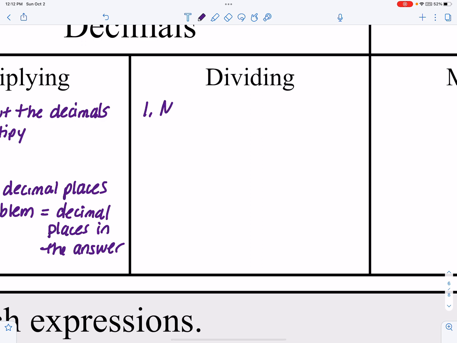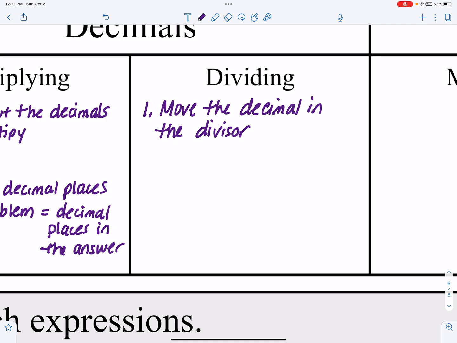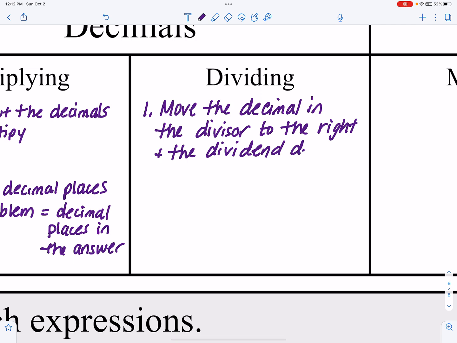you're going to move the decimal in the divisor to the right, and move the dividend decimal the same amount.